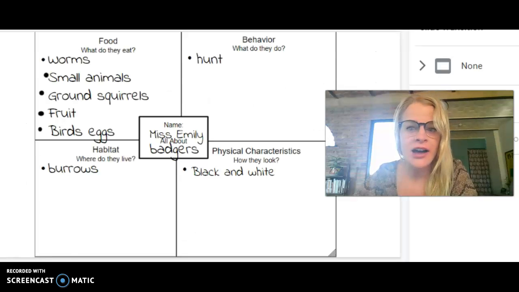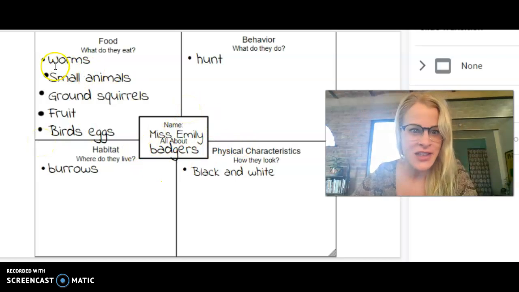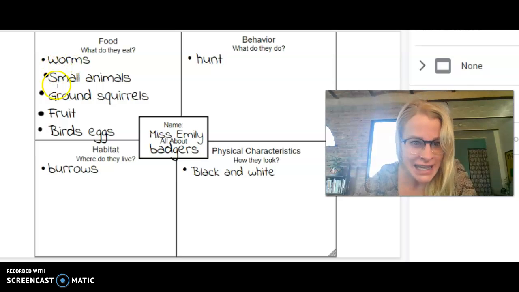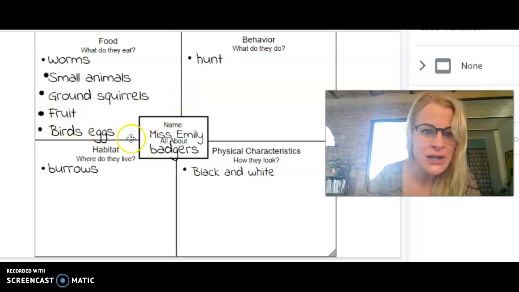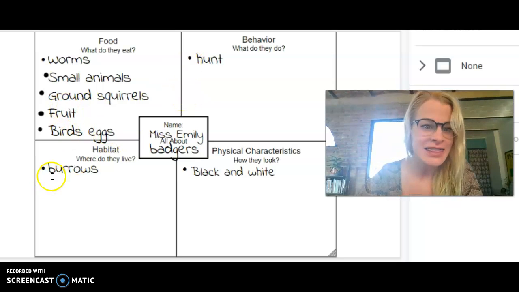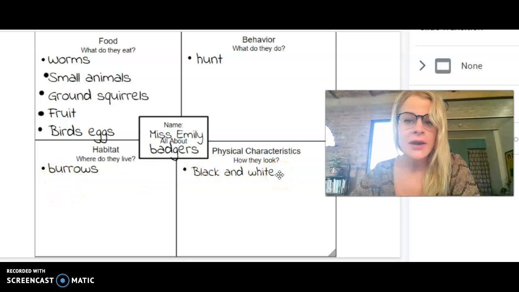That reminds me of researching animals on our note-taking page. I use these little dots to put my pieces of information. So I was learning about badgers, and I know that they eat worms, they eat small animals, they eat ground squirrels, they eat fruit, they eat birds' eggs, they hunt, they have burrows, they are black and white.